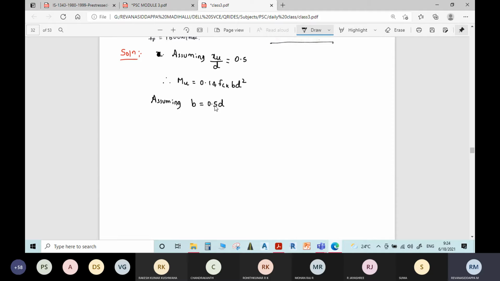So Mu becomes 0.14 fck, b is 0.5 d into d square.